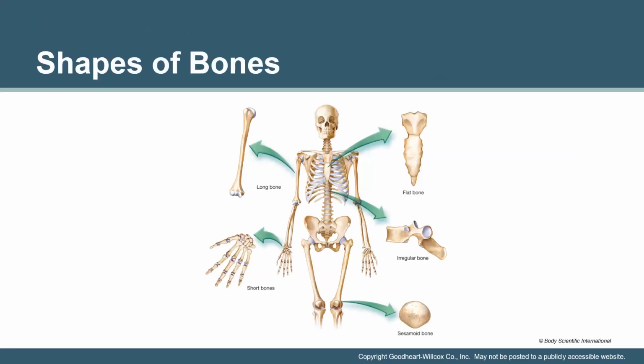Okay, so when we're looking to classify bones, we classify them starting by their shape. We have long bones, flat bones, short bones, sesamoid bones, and irregular bones.